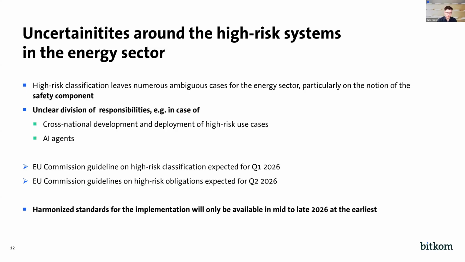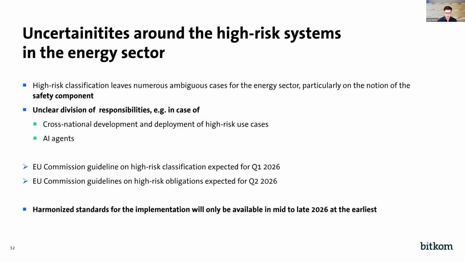Similar issues are apparent on the division of responsibilities among authorities. For example, when there's cross-national development and deployment, what authority is actually responsible for what. And also, of course, this overarching issue of how to treat AI agents when there's not only one use case.